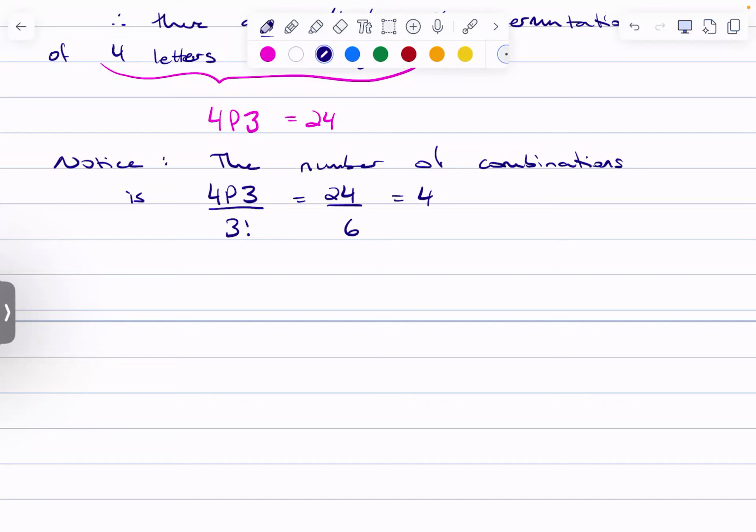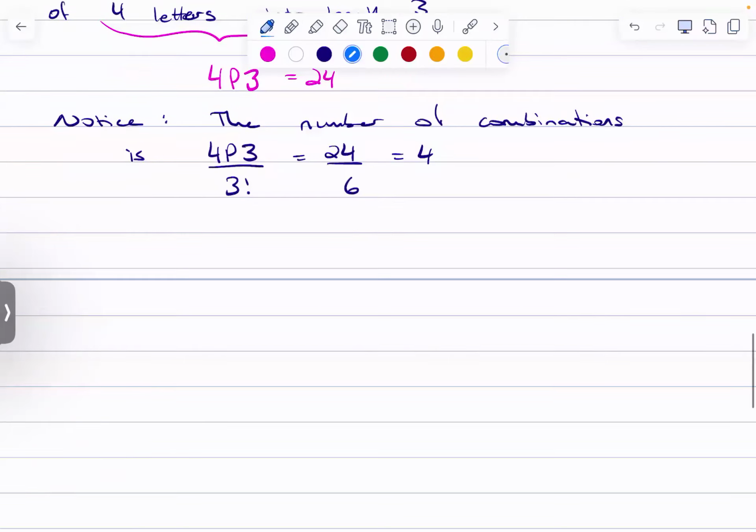So like I said, that's kind of lofty, but in general, what we can say, in general, we're going to develop this nCr instead of nPr. Now we have combinations instead of permutations. And the nCr, which is a button on your calculator as well, is technically taking the nPr divided by r factorial.